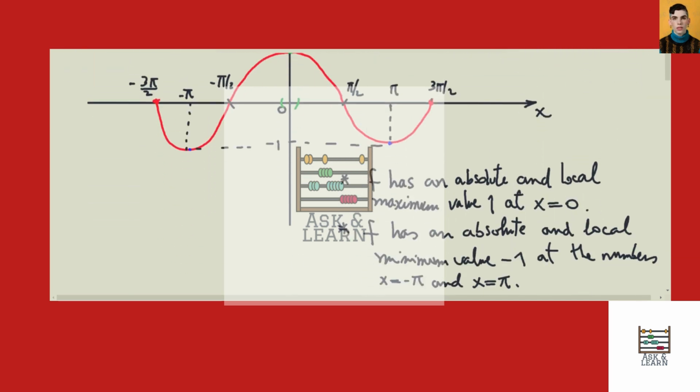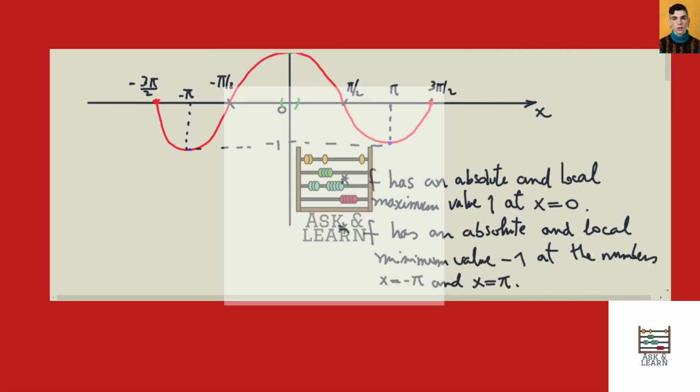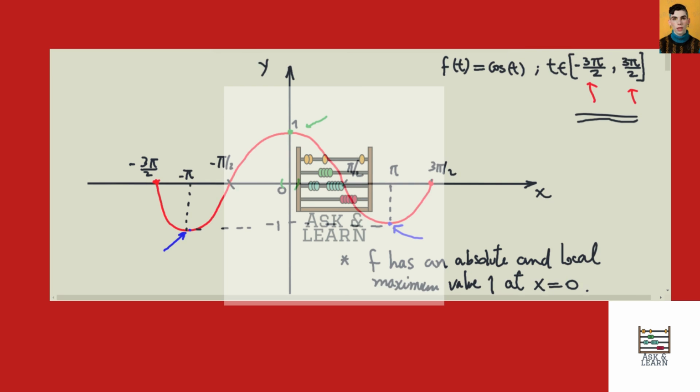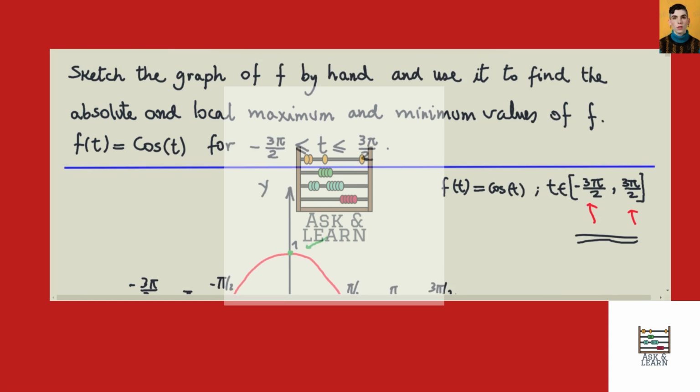But in this case, we have constrained the function to this interval, and over there we have this situation. f has an absolute and local maximum value 1 at 0 here, and f has an absolute and local minimum value -1 at 2 points here and here. So that's the behavior of the cosine of t for t in the interval from -3π/2 to 3π/2, including both endpoints.